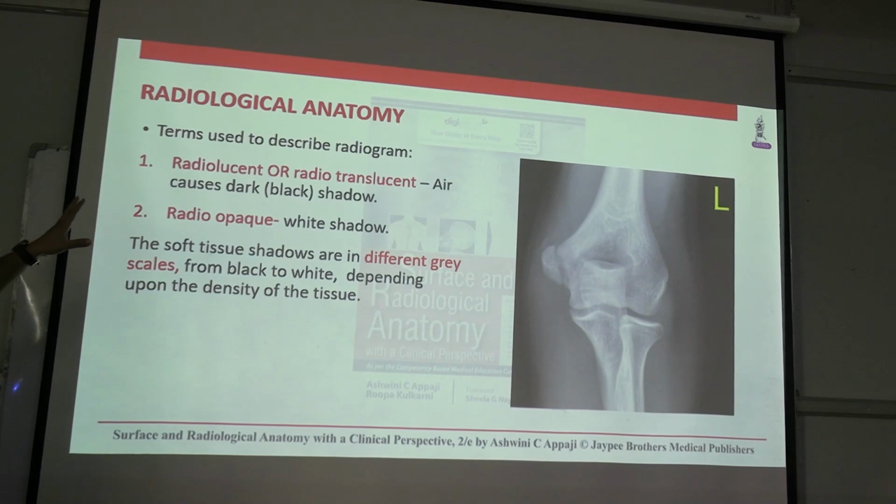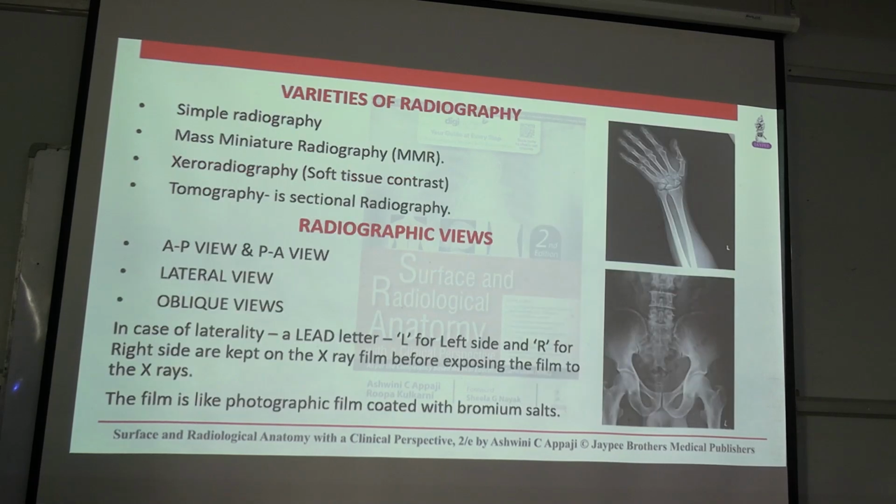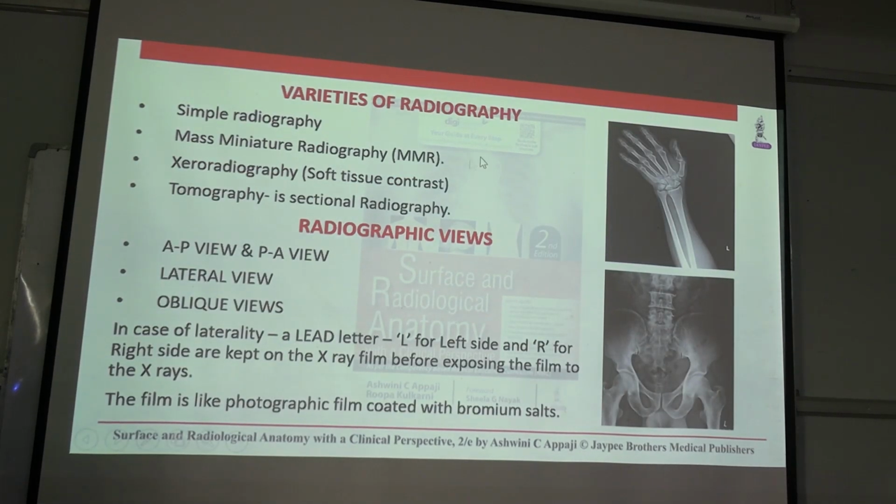So, three things we have to consider: white shadow, black shadow and grey shadow, and what makes these shadows. Again, these are the views you are seeing here. Now, how these rays or particles are coming, we call them the views. We mentioned the radiographic views: AP view, PA view, lateral view, oblique view.